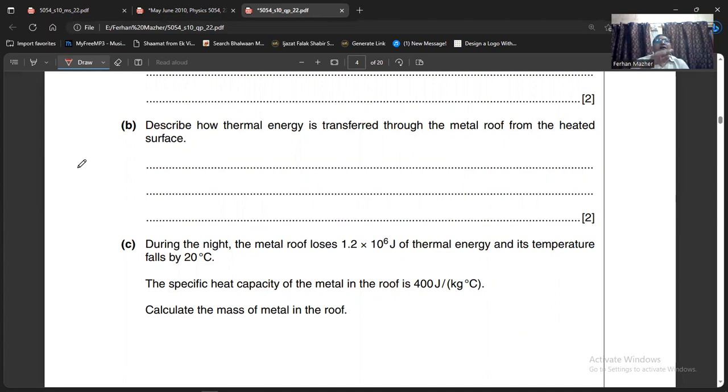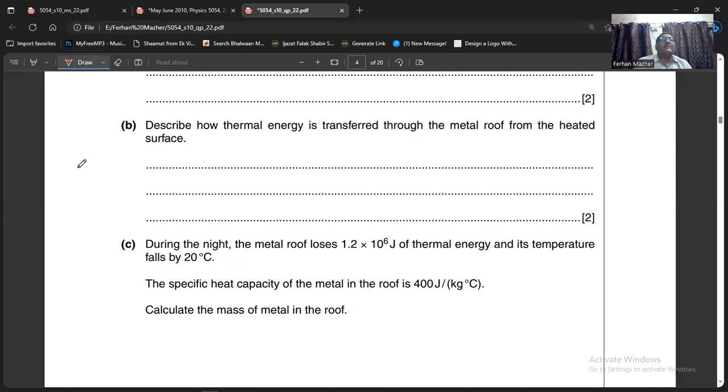You see, the molecules which are on the hot side of the metal start vibrating vigorously. The amplitude of their vibration increases, so they make their neighbors vibrate vigorously. Their neighbors' amplitude of vibration increases, and in this way, through these vibrations, the heat is transferred from the hot end to the cold end.